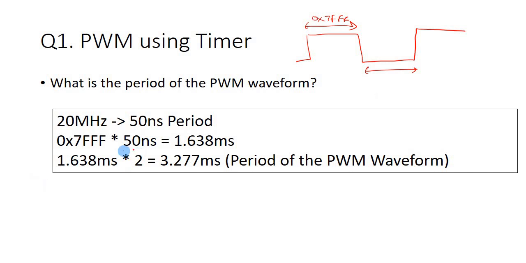So 15 nanoseconds is for one clock period, and I need 0x7FFF clocks to hit an interrupt. So this duration here is 1.638 milliseconds, and the period is double of it. That is the whole period of the PWM waveform.